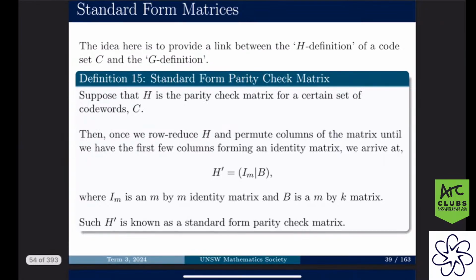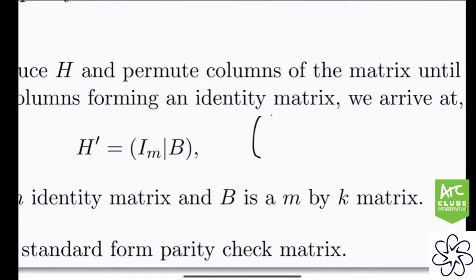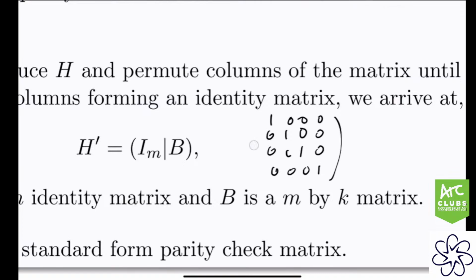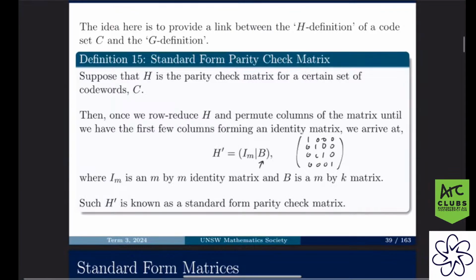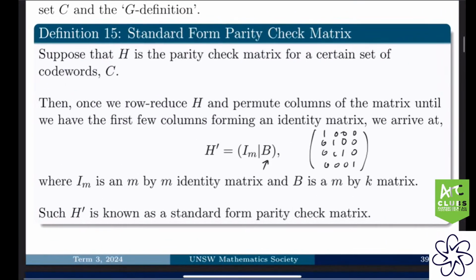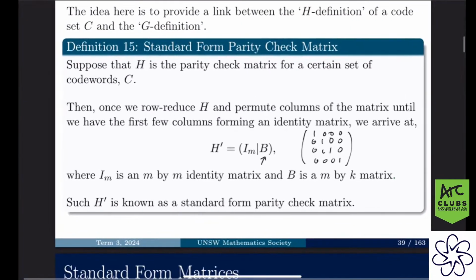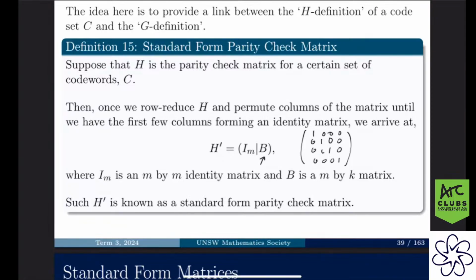And we can have the first few columns form an identity matrix. So the identity matrix is going to look like this, where the diagonals are all 1s and the rest are 0s, right? And the rest of the matrix will be basis B. So it's going to be an m by k matrix, which represents the basis vectors, but as column vectors.